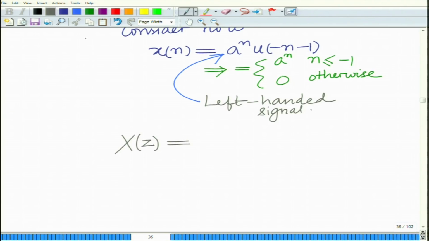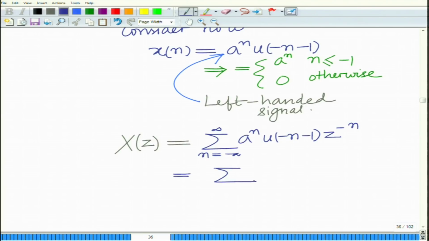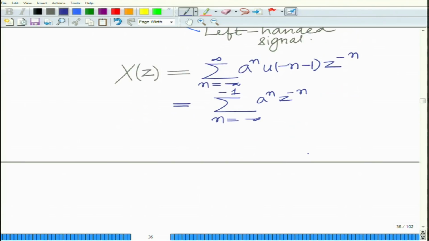Now, if you look at the Z transform of this, X(z) is summation n equal to minus infinity to infinity of a^n u[-n-1] z^(-n). Now, this is non-zero only for n less than or equal to minus 1. So, this is n equals minus infinity to minus 1 of a^n z^(-n).